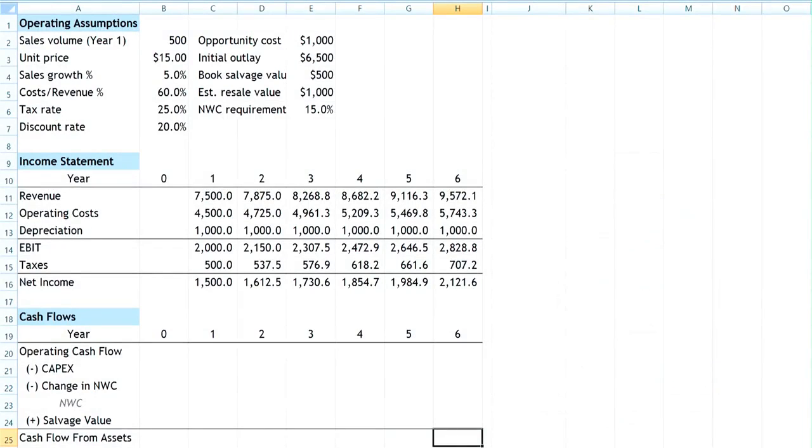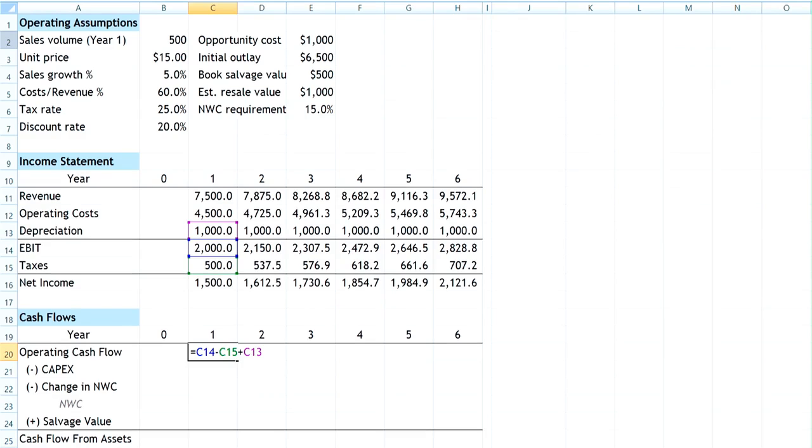Now, in the spreadsheet, we will calculate year-by-year cash flows from assets. Again, the four components of total cash flows are operating cash flow, capital expenditure, change in net working capital, and salvage value. We first calculate operating cash flows starting from year 1.